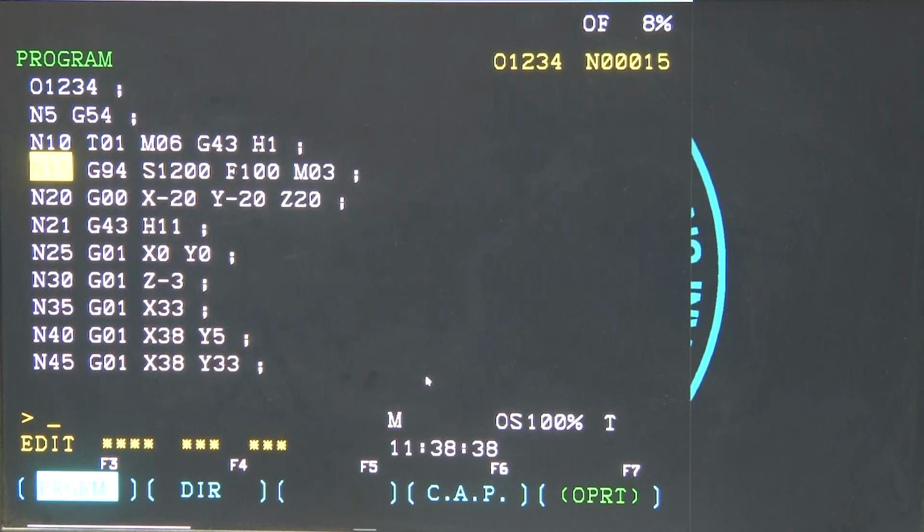N15 is G94, S1200, F100 and M03. So, N is the block number, that number is 15 now. G94 is the feed per minute. So, we are defining that this is feed per minute. If you remember, in the case of turning, it was revolutions per minute, RPM, it was the N, and the feed was given in millimeter per revolution.